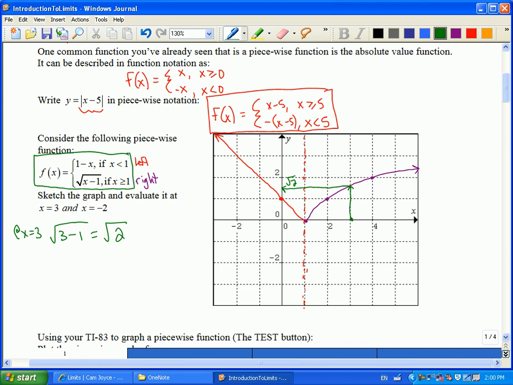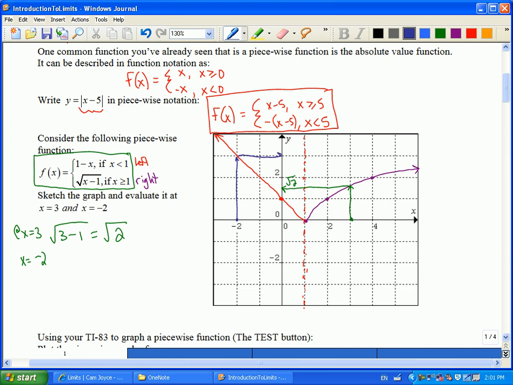So what will I do at x equals negative 2? What will the value be? Yeah, it is 3. So here, maybe I'll do it in blue. Here's negative 2.